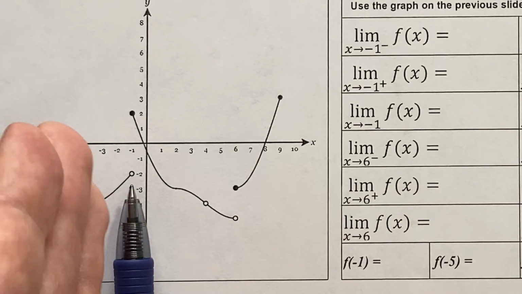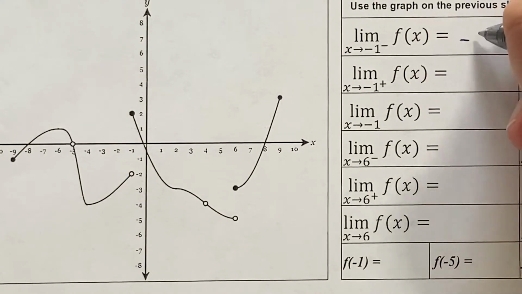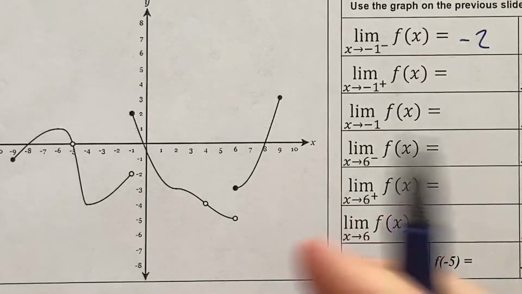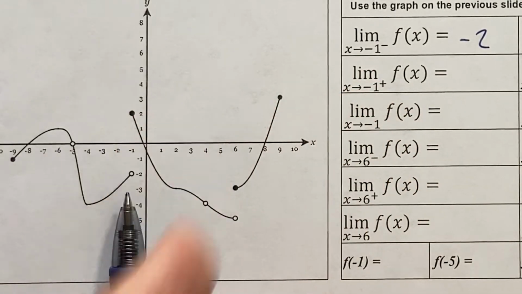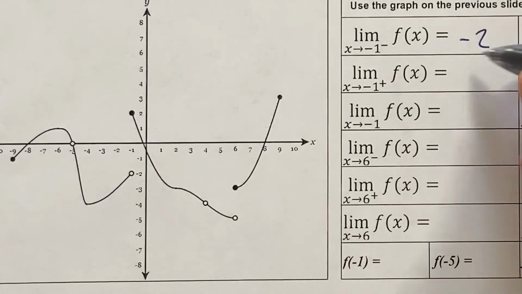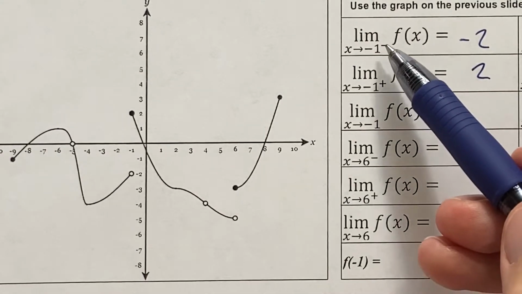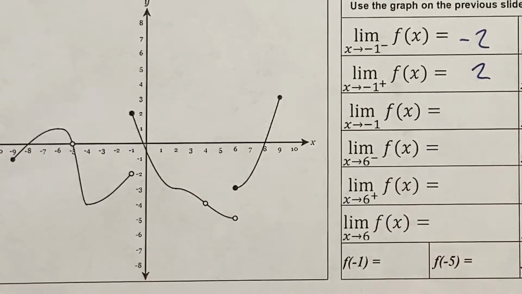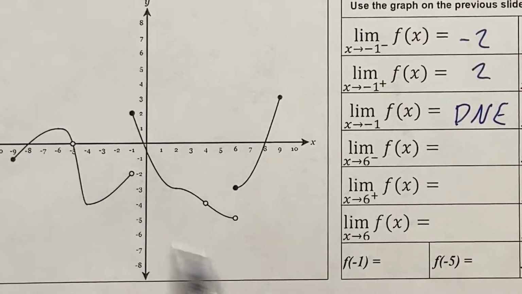From the left, it looks like it's getting really, really close to -2. And as we're going to -1 from the right side, looks like we're getting really, really close to 2. Since the limit from the left and the limit from the right are not equal, that means that this limit at -1 does not exist.